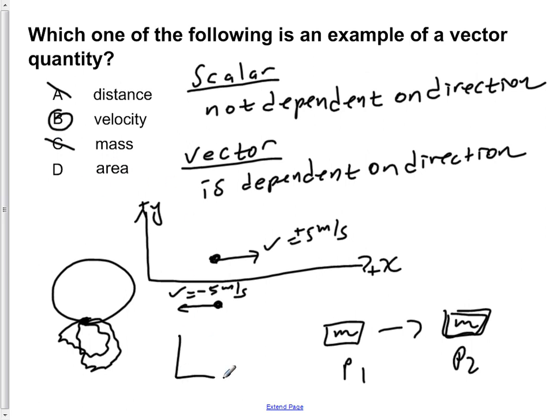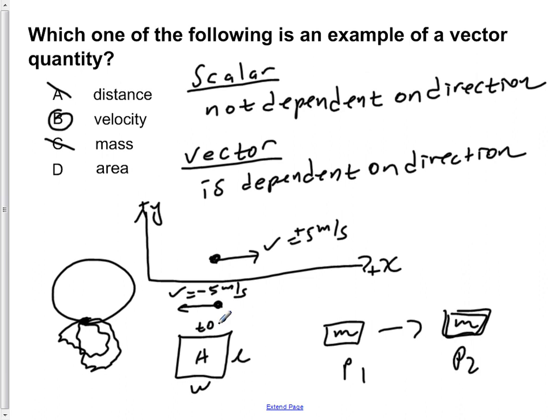D states area. So if we have the area here, which is just length times the width of this box, it's not going to change if we move it to some other direction. If we increase the length by a certain amount and the width by a certain amount, we can still maintain the same area. It's not dependent upon what direction this box is facing.